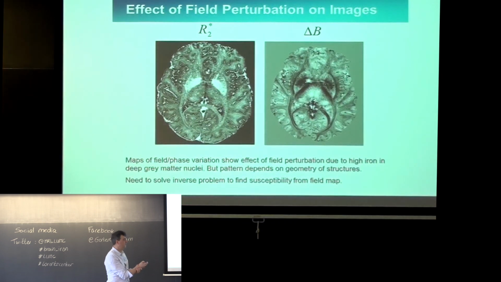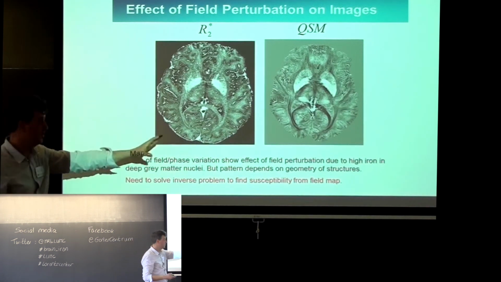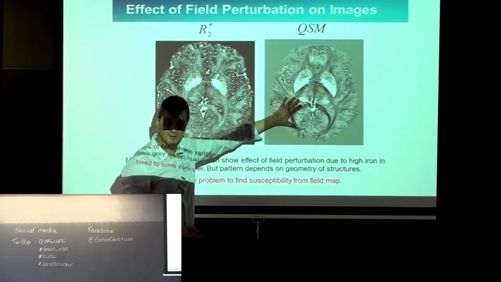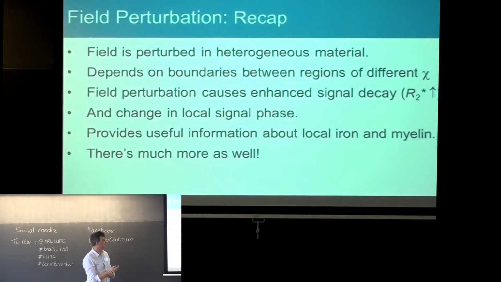And as hopefully others will tell you about later in the meeting, you can use that information to actually map the magnetic susceptibility. It's an exciting development over recent times.